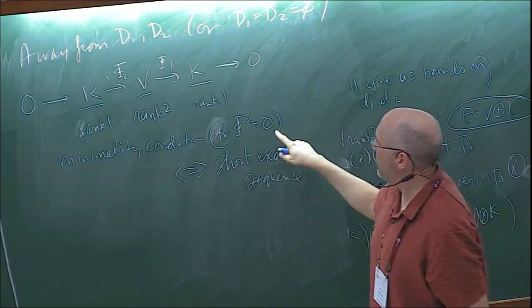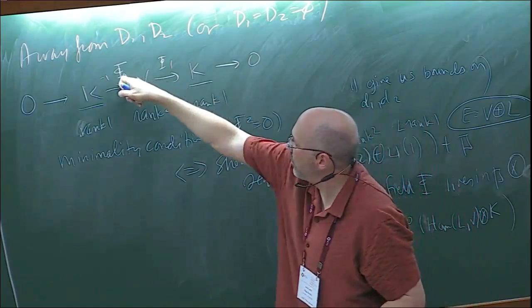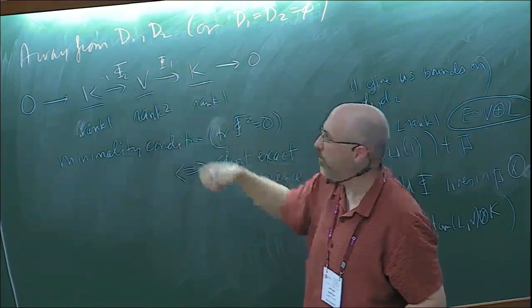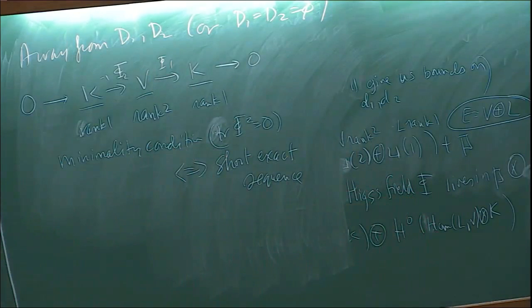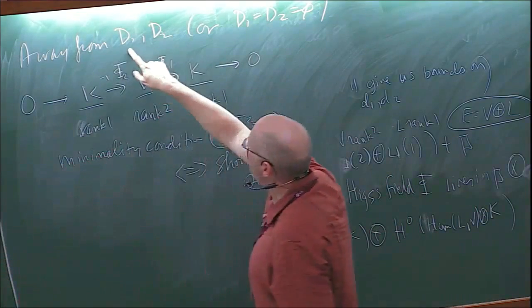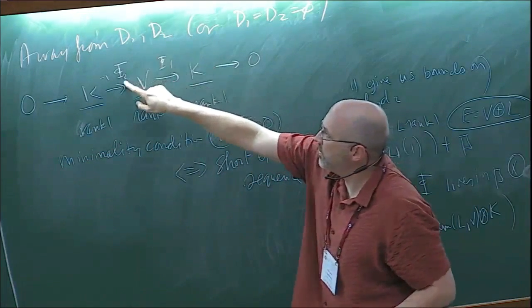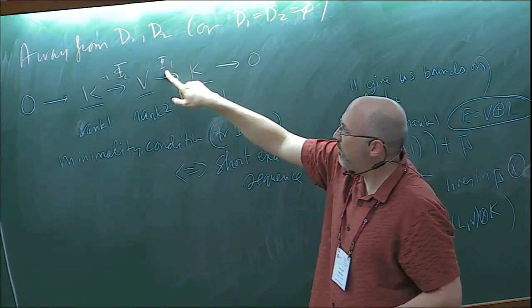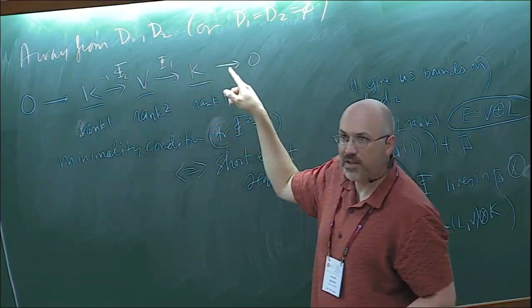The trace of phi squared corresponds to just composing phi1 and phi2. That's the only way that phi squared can work in this situation. And we're also assuming that we're away from D1 and D2, the places where phi1 and phi2 might be zero, right? So away from the zeros, you actually have this short exact sequence.